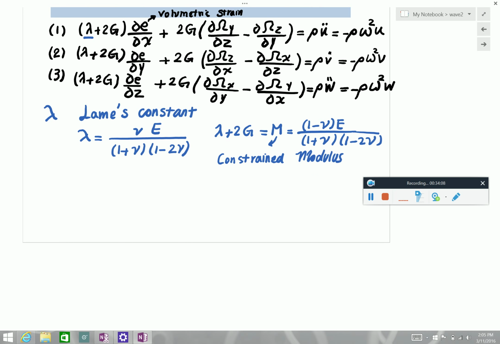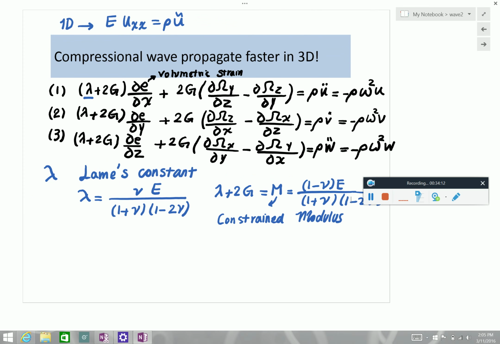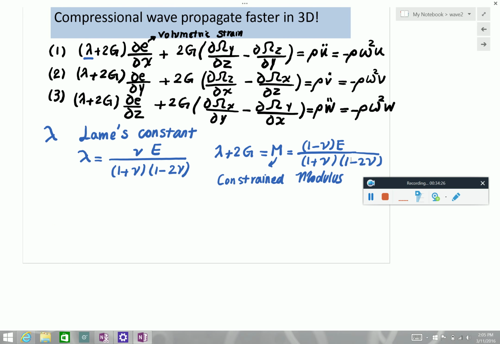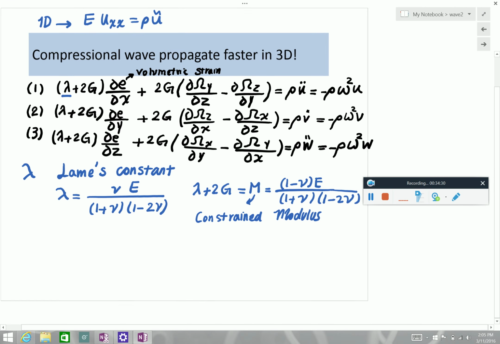So now we are not there yet. If you look at the wave equation in one dimension, we have a double derivative with respect to x also, but here we don't have it yet. So how do we get there? It's pretty simple. We have to separate the volumetric strain from the rotational strain.